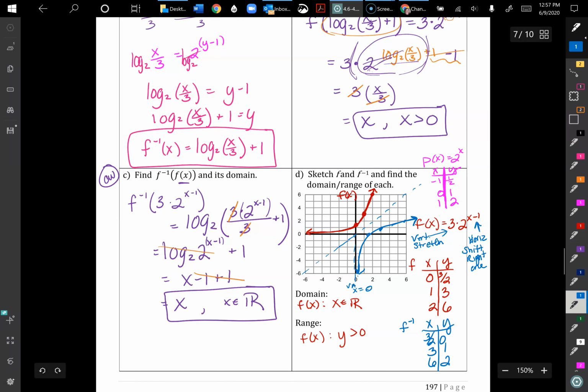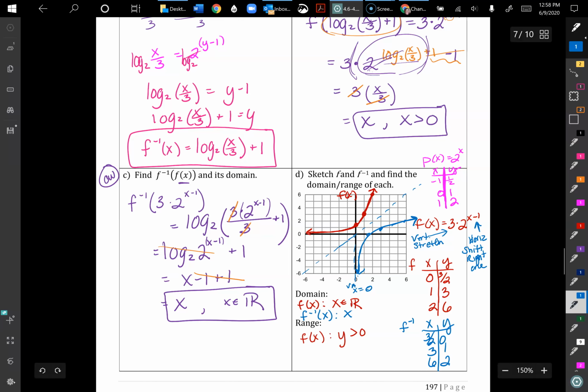And then for my inverse, I have f inverse of x. My x has to be greater than 0. There's no value that I can put on there. Okay, so remember, this is really what my inverse is.